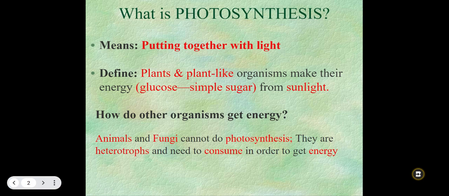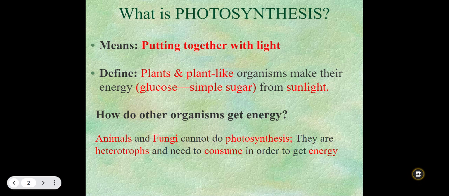And if we're talking about chemical energy, we're talking about the simple sugar or carbohydrate that we know as glucose. Okay, so plants can make their own food. And because they can do that, we call them autotrophs, which basically means that they can make their own energy.